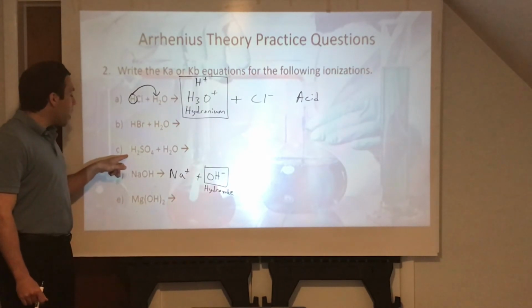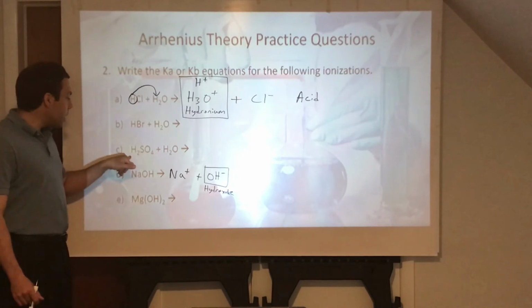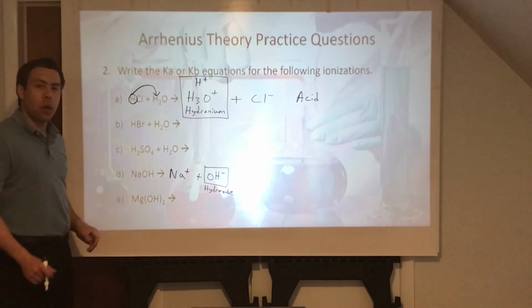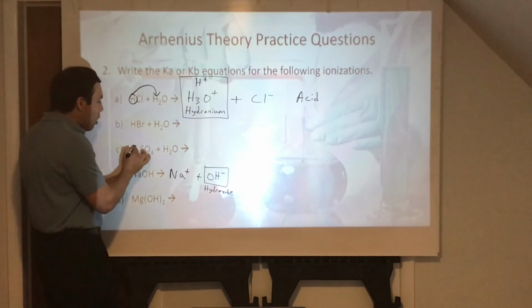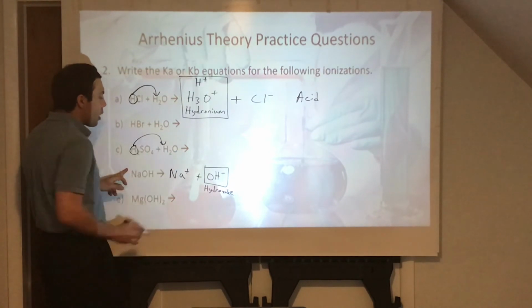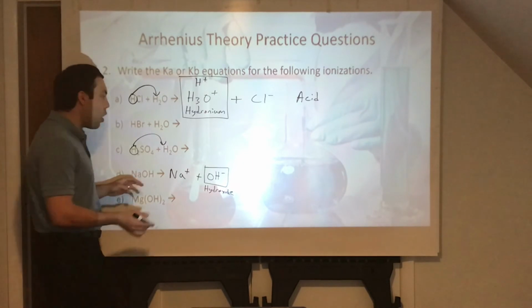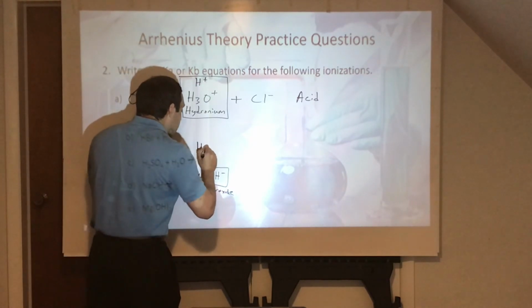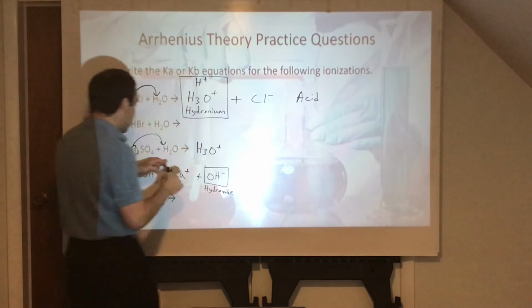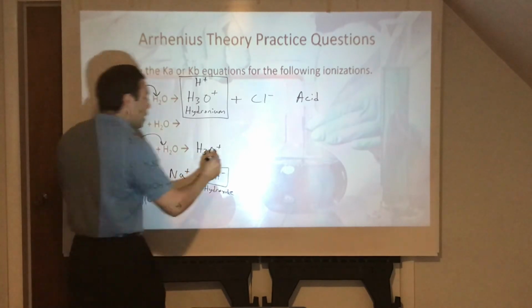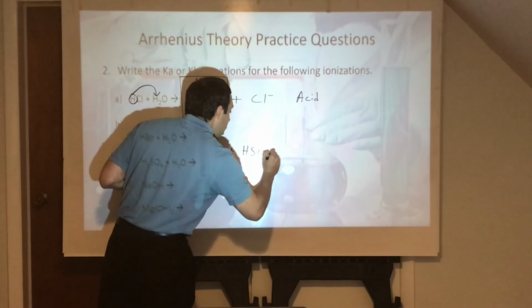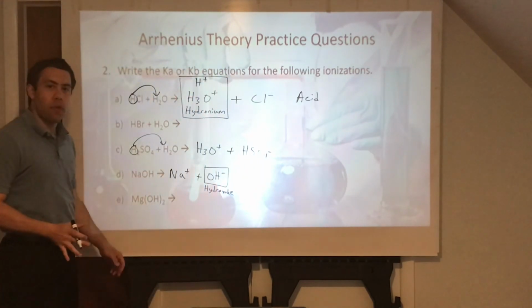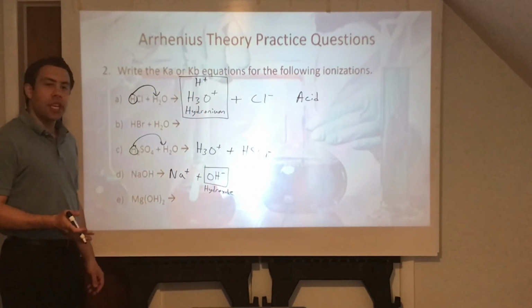Finally, let's take a look at letter C. Letter C is H2SO4 plus H2O. When we take one of those H's and bring it to the H2O, we get H3O plus, and we have HSO4 minus left over. Well, we actually can do that again.